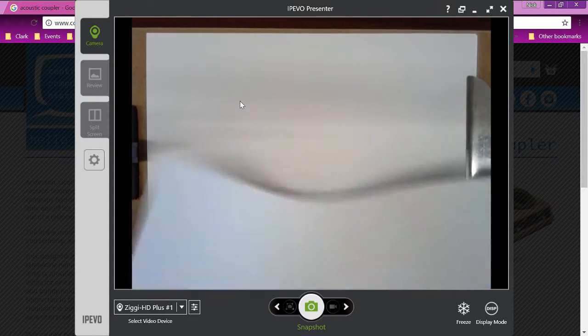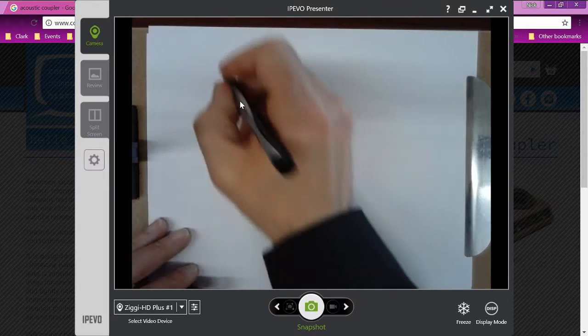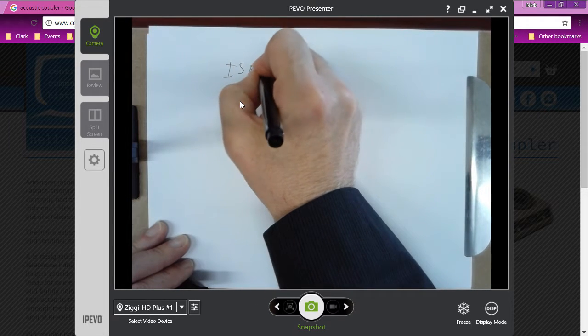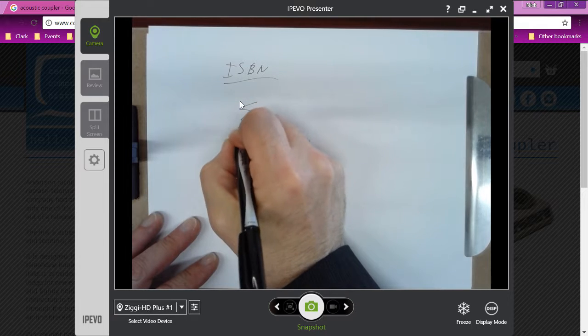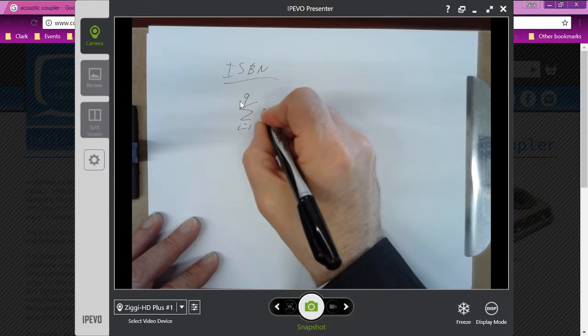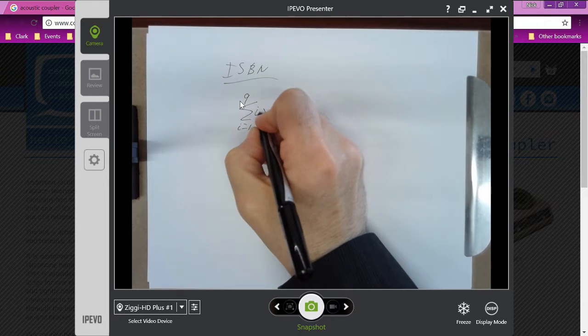ISBN uses a similar code. So this is ISBN-9, which is why I didn't want to use that book. There are a few different ISBN standards. So basically, you add up each of your digits multiplied by i.